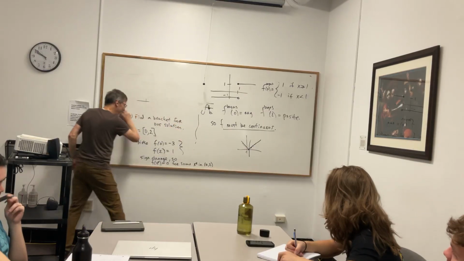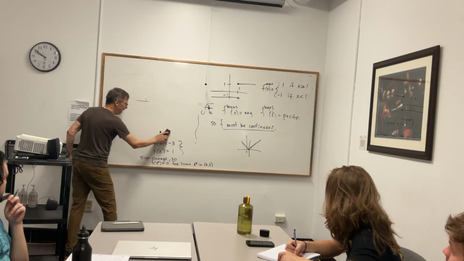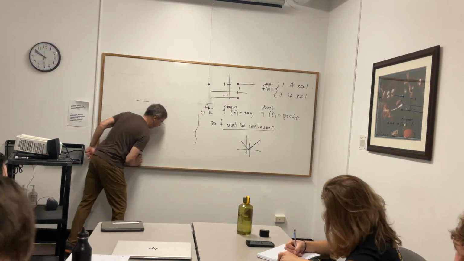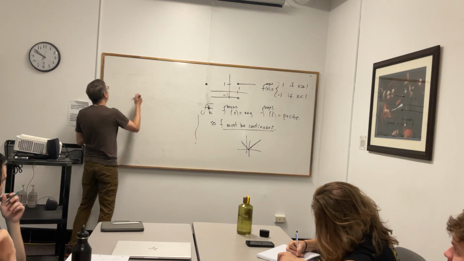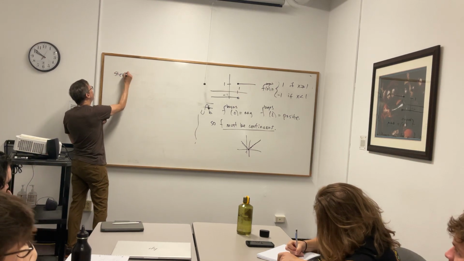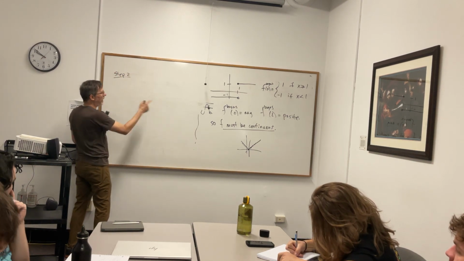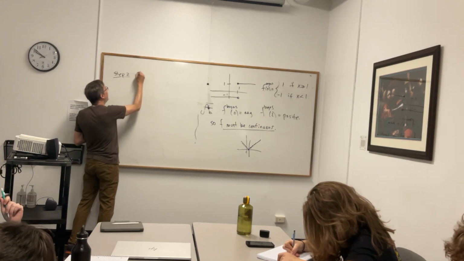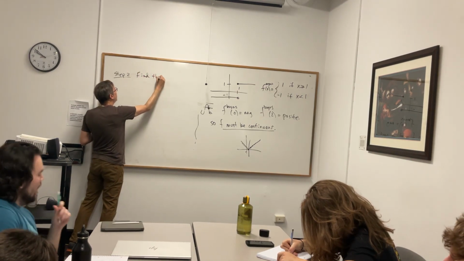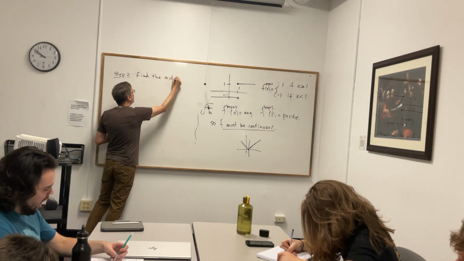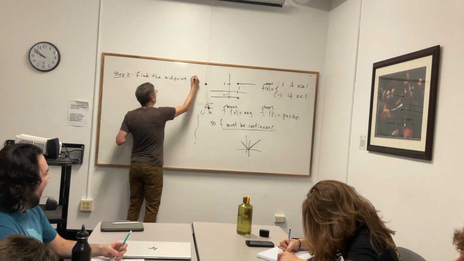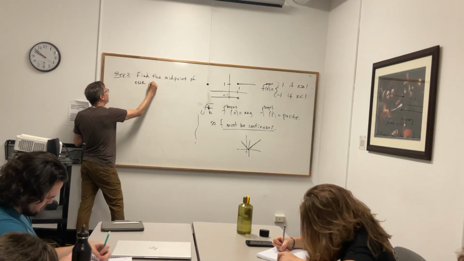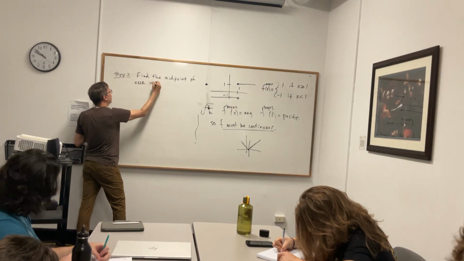Okay, so step one is get that bracket, and we need to have f continuous. Step two is to find the midpoint of our initial interval, our initial bracket.